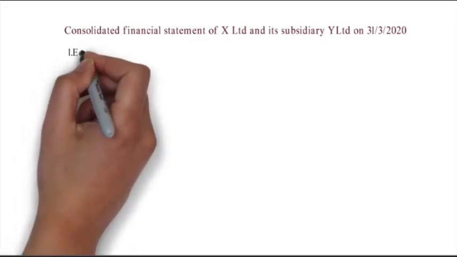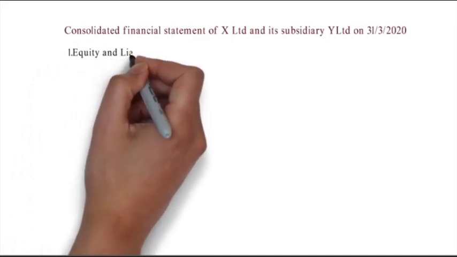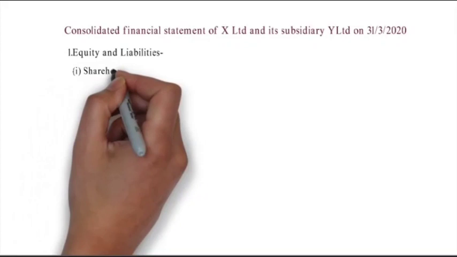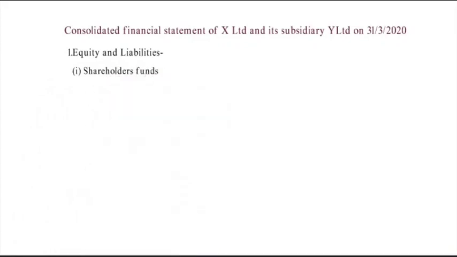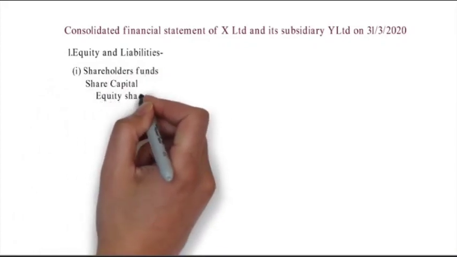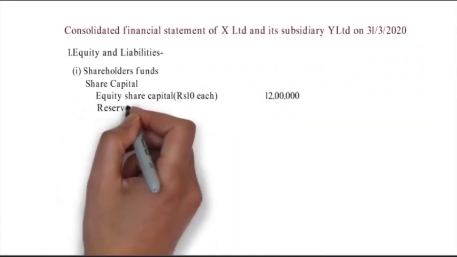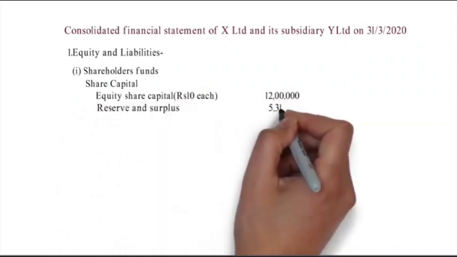Here non-current investments means investment in the shares of subsidiary company by the holding company. Equity and liabilities, shareholders fund, share capital, equity share capital rupees 10 each, 12 lakh. Reserve and surplus 5,31,000, we already computed it.